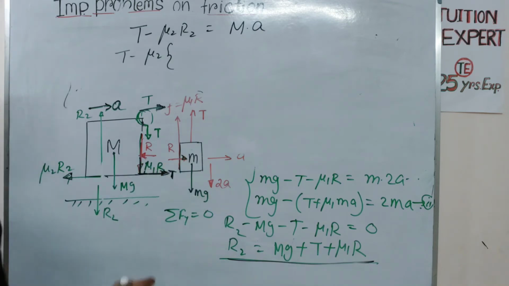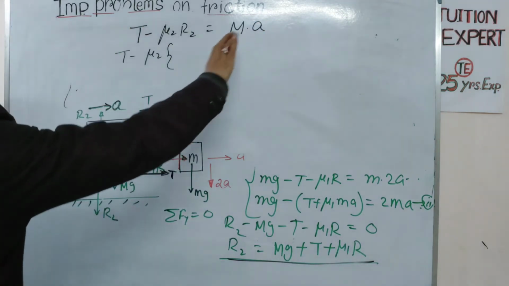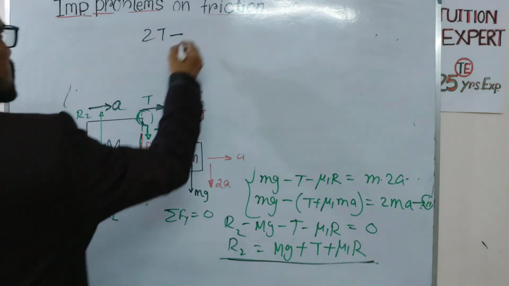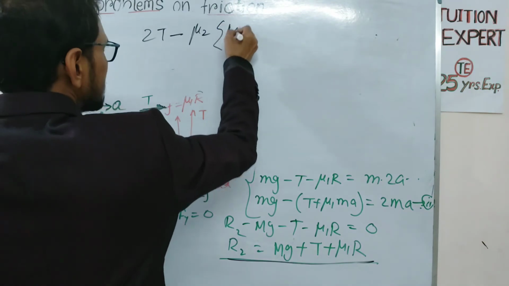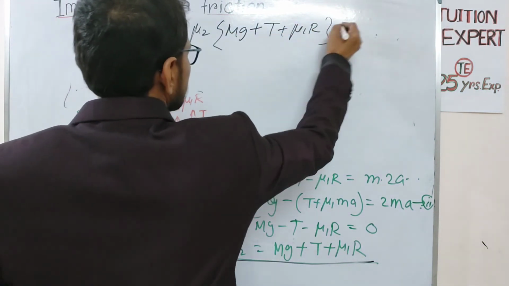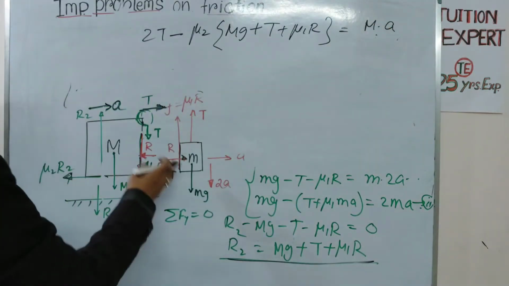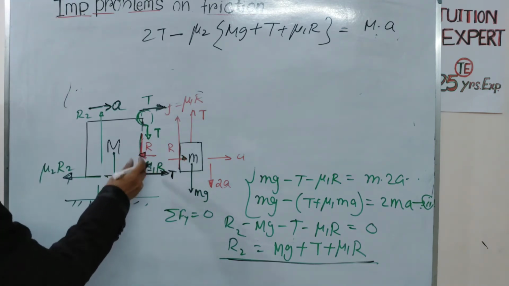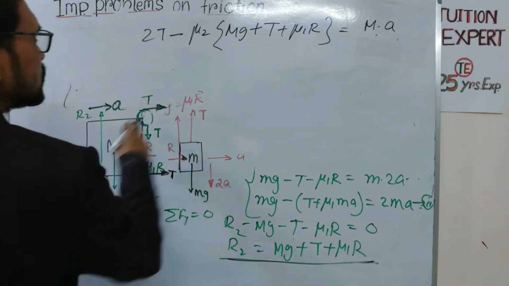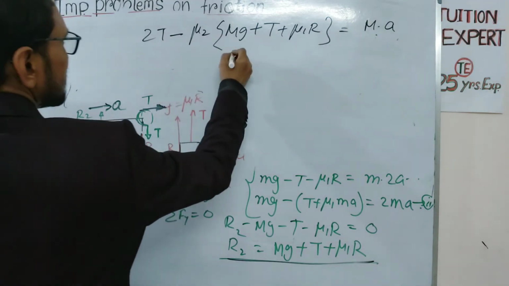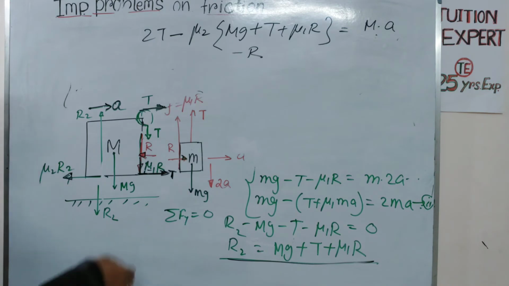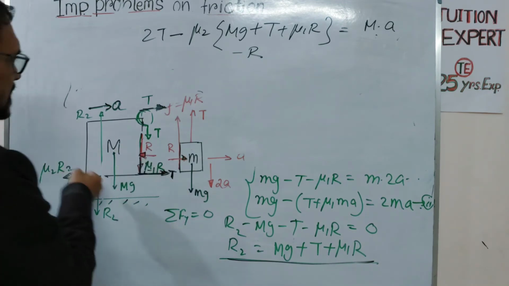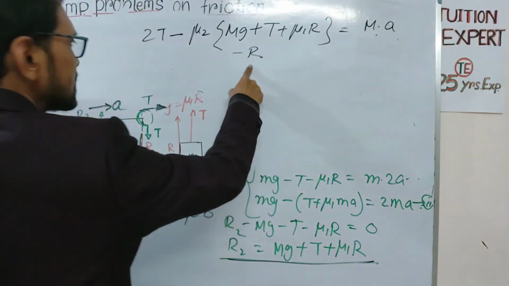When we consider the motion along the x direction, the total force is 2T, and the friction force mu2 R2 acts opposite, along with the reaction force R. So 2T minus mu2 into R2 minus R equals mass into acceleration.